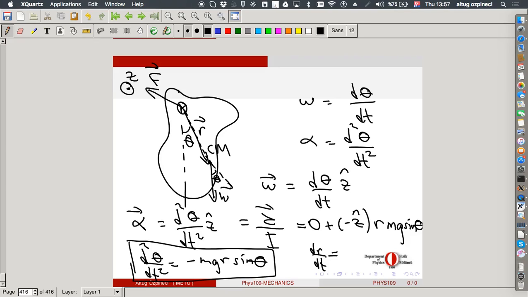So does this change with time? Okay, back to the question, what is dR by dt? What does R stand for in this question?